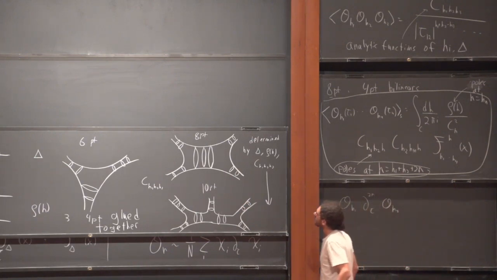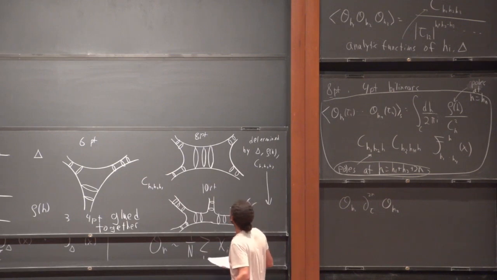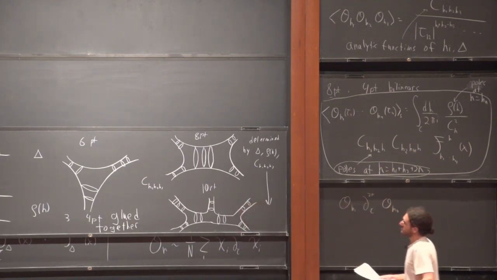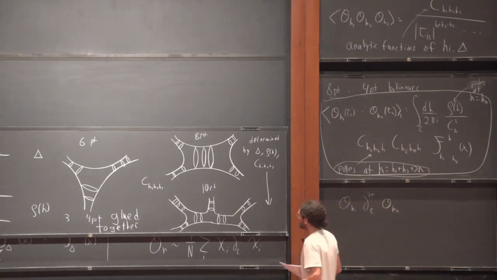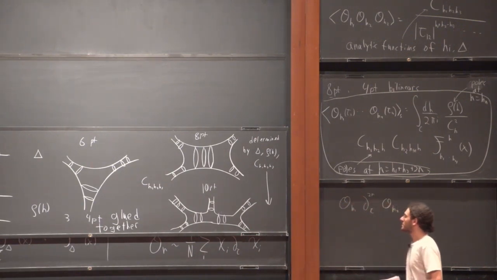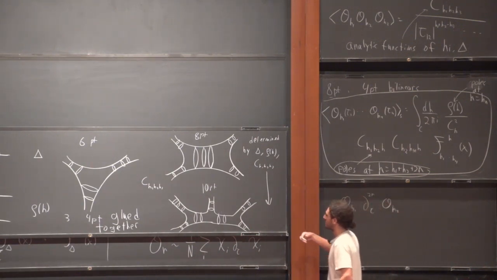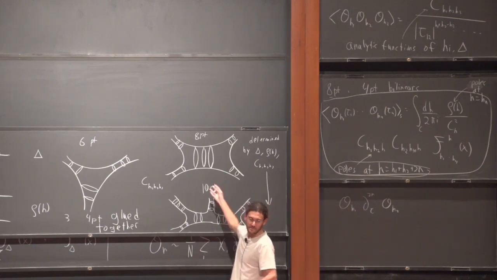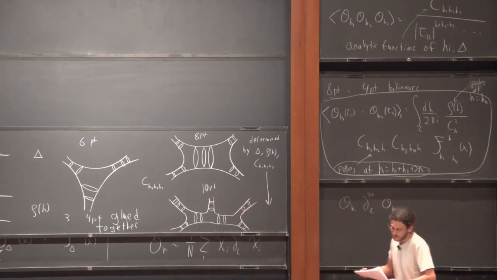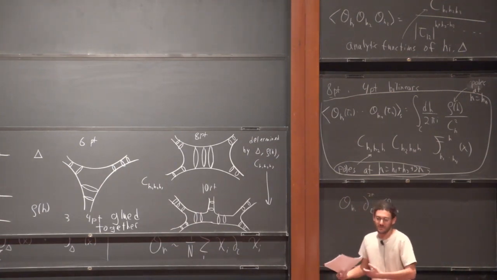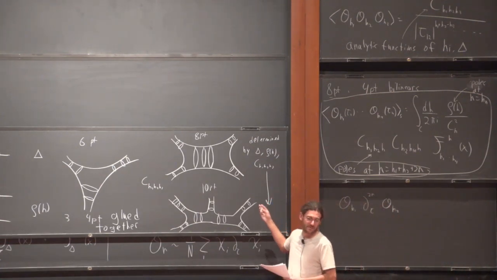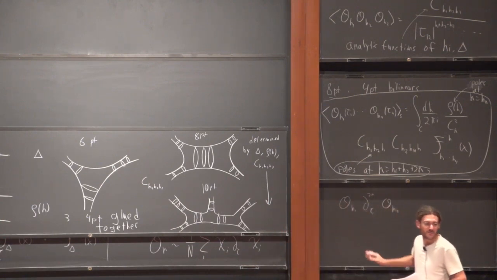In fact, there's one additional. So going back to a general theory, one special feature of SYK and this class of models is that these are the only diagrams. But one could imagine a general theory in which there are many other diagrams. So in that case, we would have summed a subset of them with this formula.